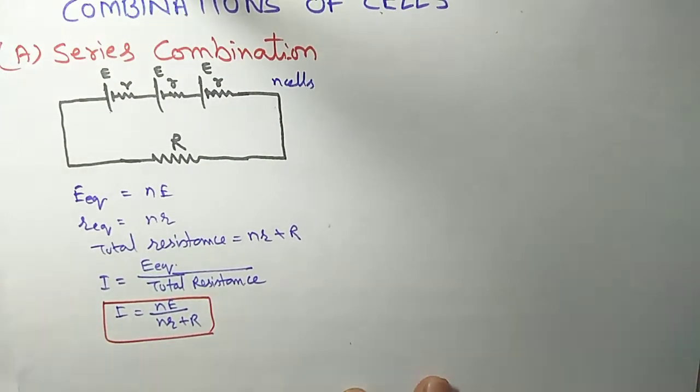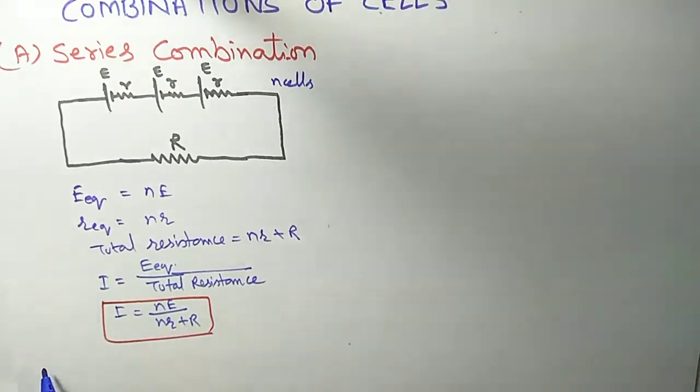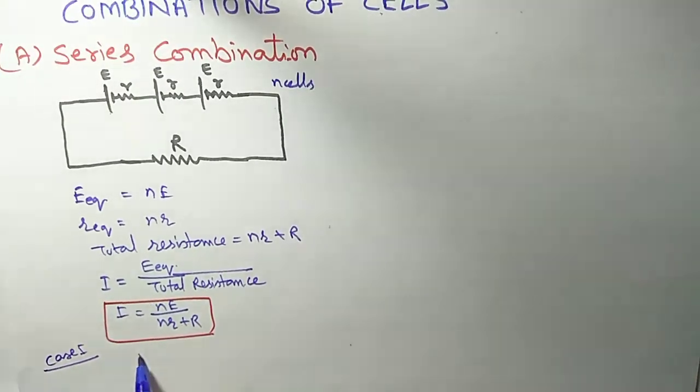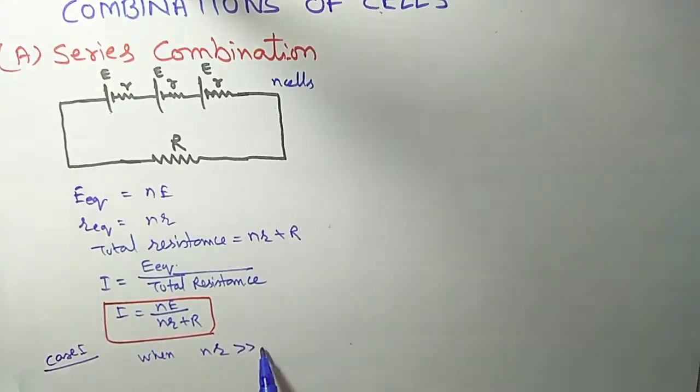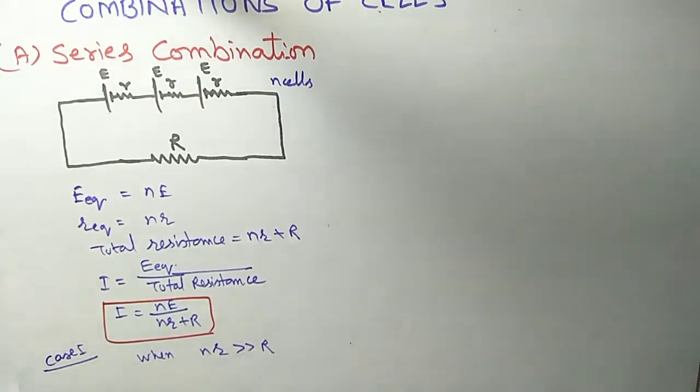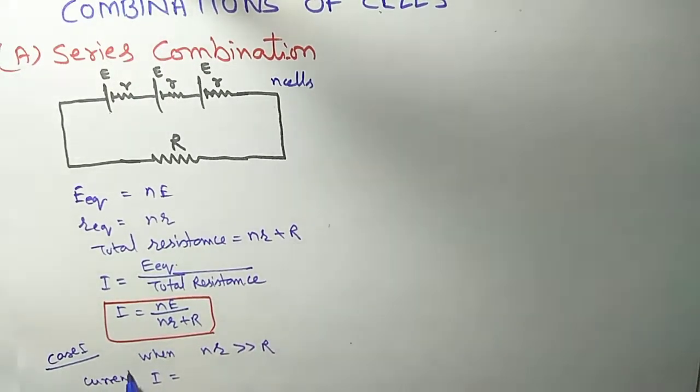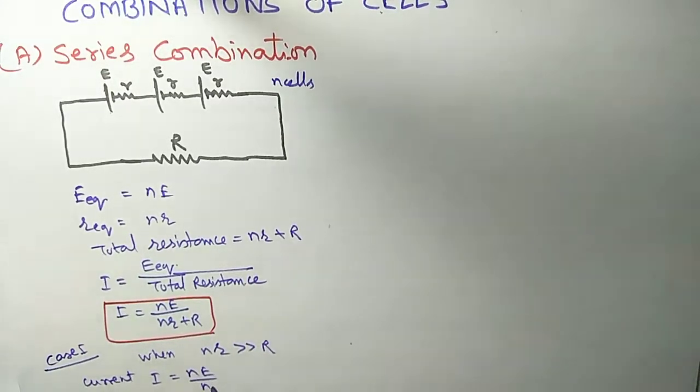Now we can take two conditions. See the first case, when nr is much greater than capital R. In this case, we can neglect capital R, that is the external resistance. So the current I is equal to nE upon nr, we are neglecting capital R here.